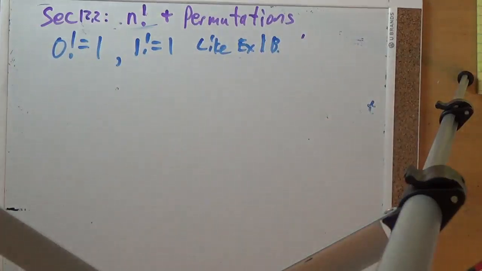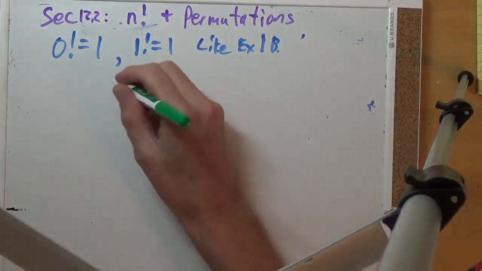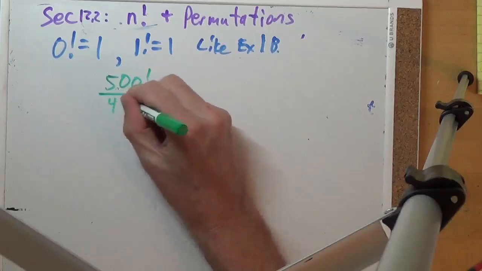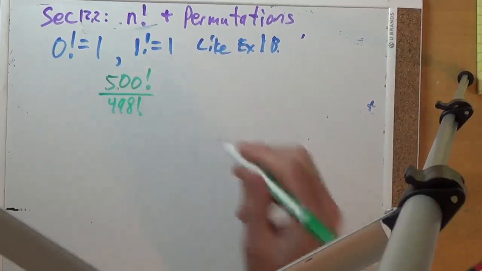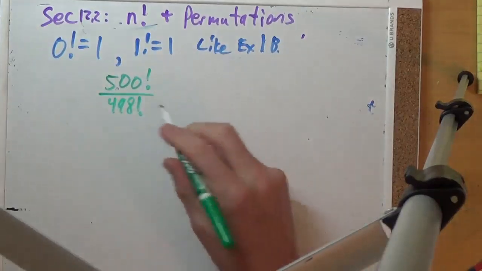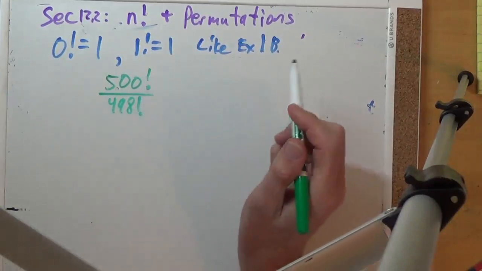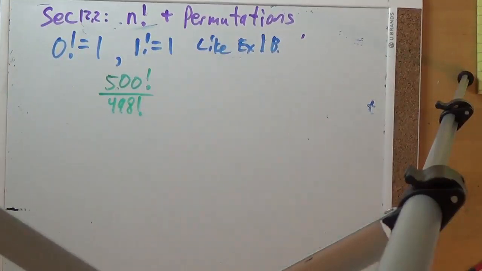I'm going to try and figure out 500 factorial divided by 498 factorial. If you hit 500 factorial on your calculator, you'll get an error, guaranteed. Factorial gets so big so fast, there's not enough memory on your calculator. So we have to do it this way.